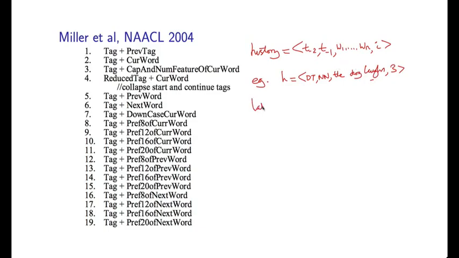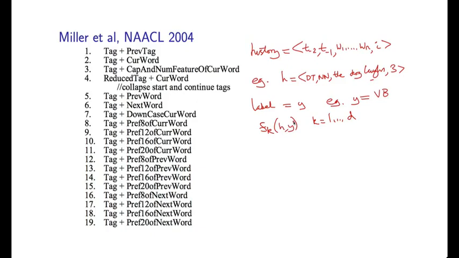The label, which is y, is going to be some tag, for example y equals verb maybe. And we have a feature vector definition, so we have a set of features f_k(h, y) for k equals 1 to d, where d is the number of features. And these are generally questions about the history in conjunction with the label y.